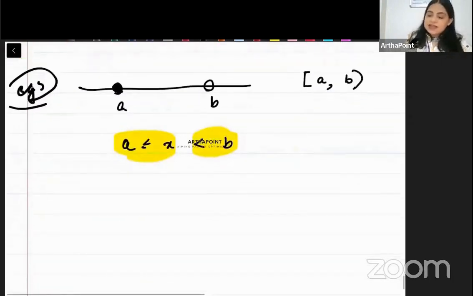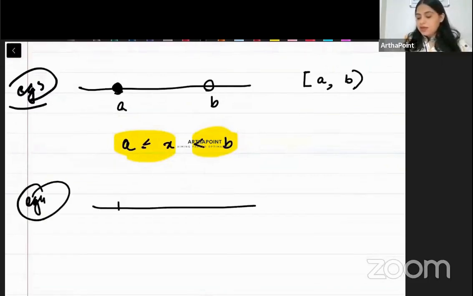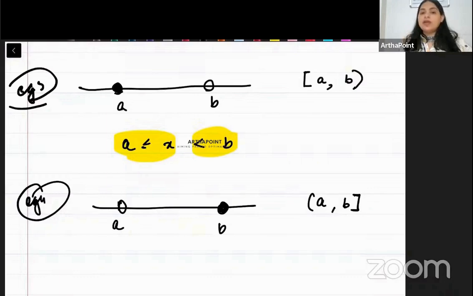Okay, let's see one last example. Example number 4. Now I want to include B, but I don't want to include A. So I am including B, but I am not including A.